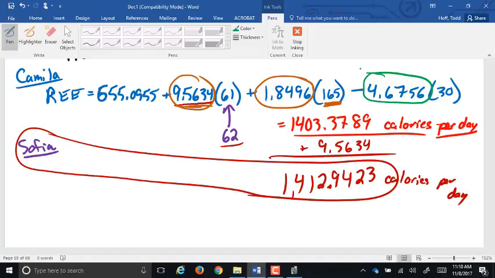Okay, so now number 4 is just kind of a discussion question. Let's say that you have just completed a 45-minute workout and want to estimate your resting energy expenditure. Do any of these equations take into account the fact that you just worked out?